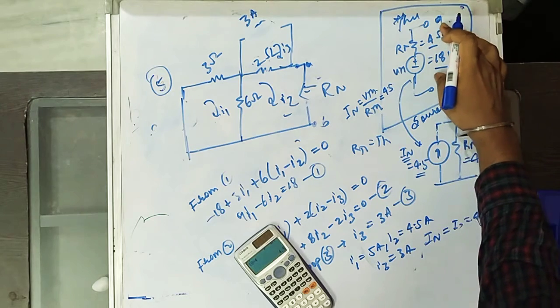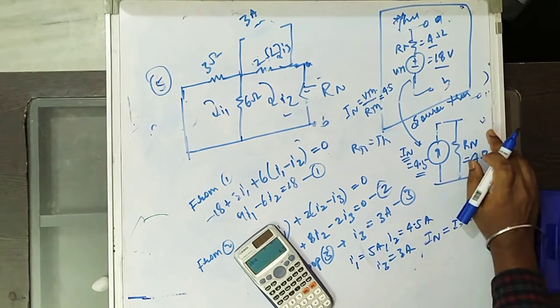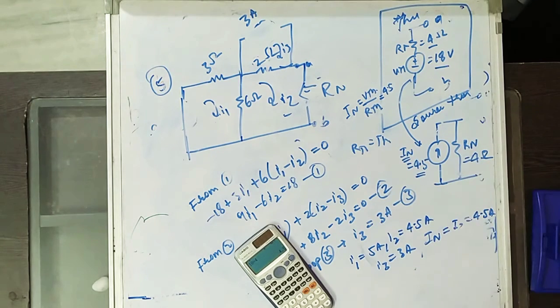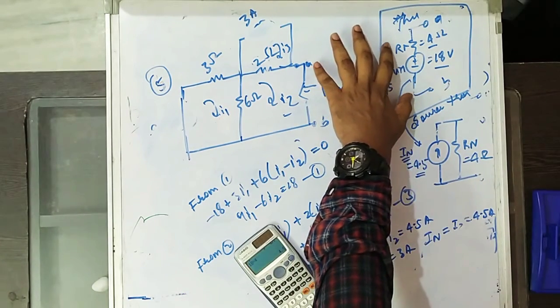In the similar way, by source transformation, this voltage source, the Thevenin equivalent, will give the Norton equivalent. So in sums, they'll ask you to find the Norton equivalent by Thevenin form. So you'll find everything similar, V Thevenin, R Thevenin and all.